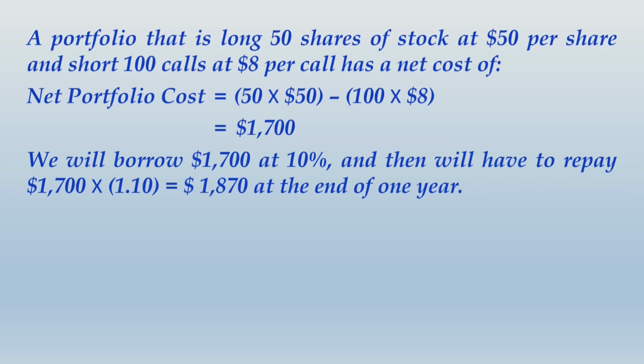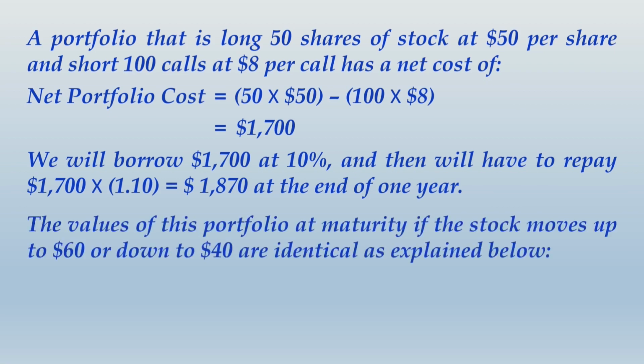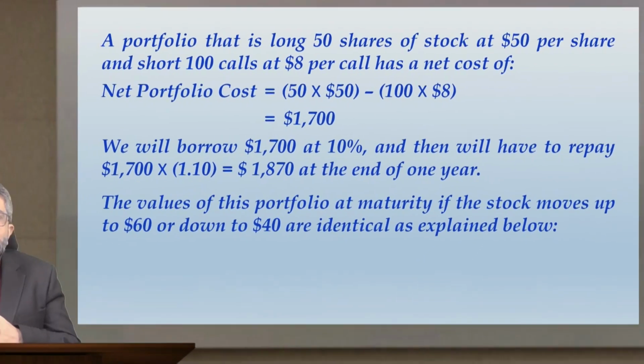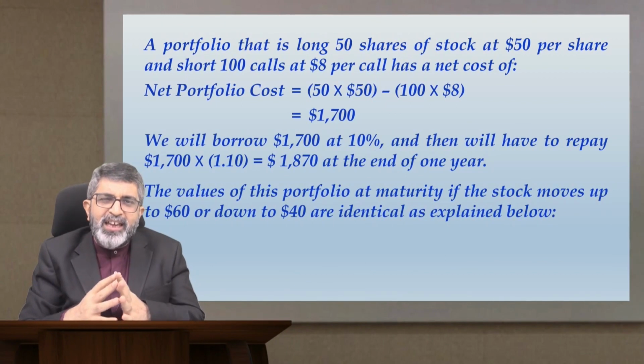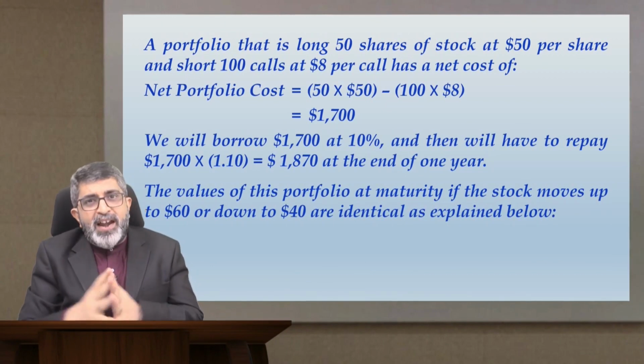So you will have to repay $1,870 by end of the year. However, the value of this portfolio at maturity, if the stock moves up to $60 or down to $40, are identical as explained below. Now that explanation I am just going to put forward on the screen in just a minute, but first you understand.